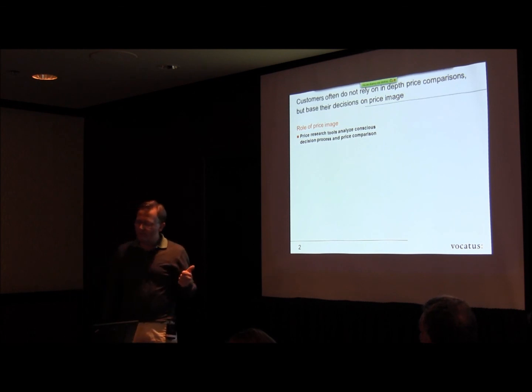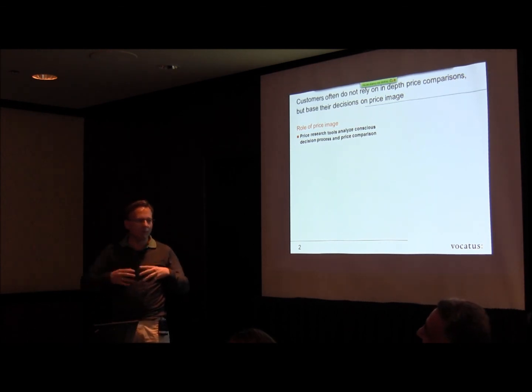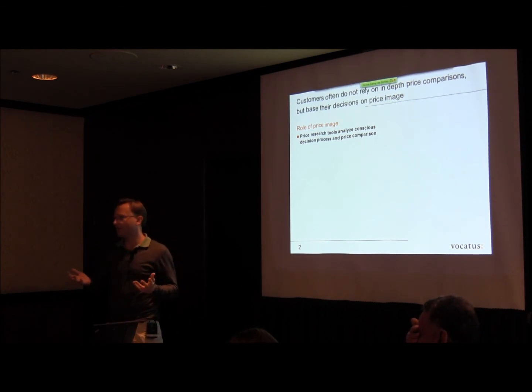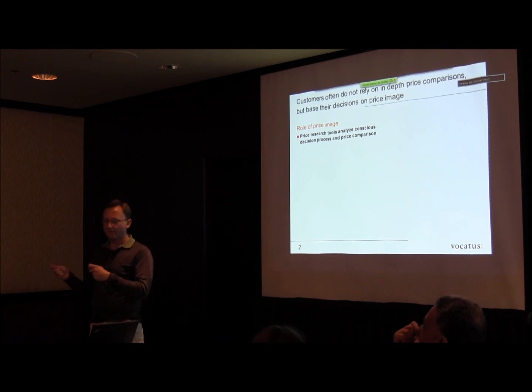The classical tools like PSM or Conjoint or whatever more interesting version you have there are always putting people in a situation where they really have to look at price, compare, and give answers and show sensitivity.